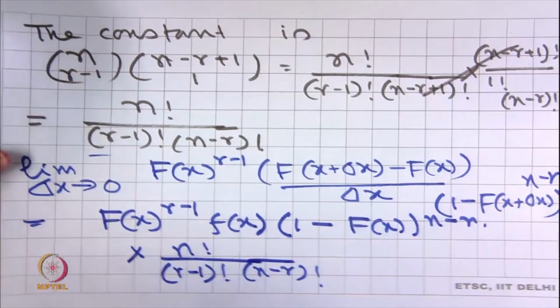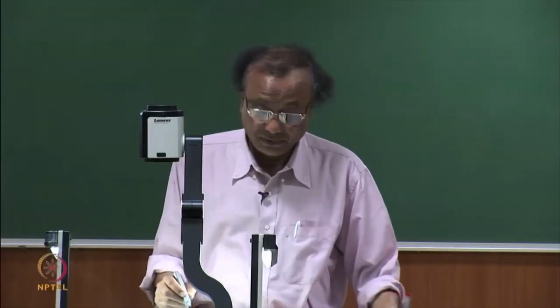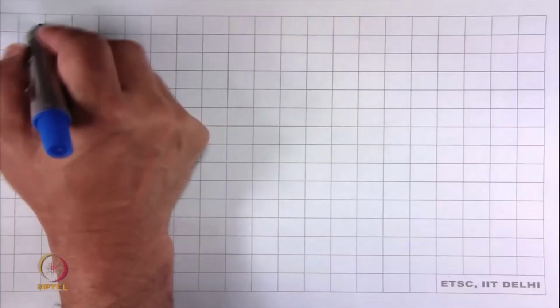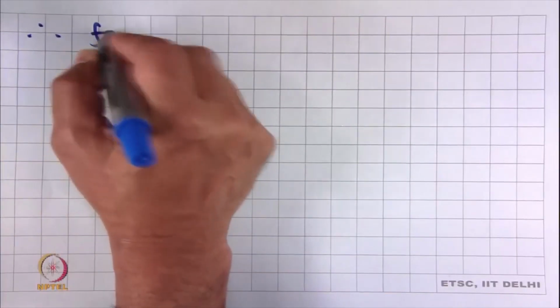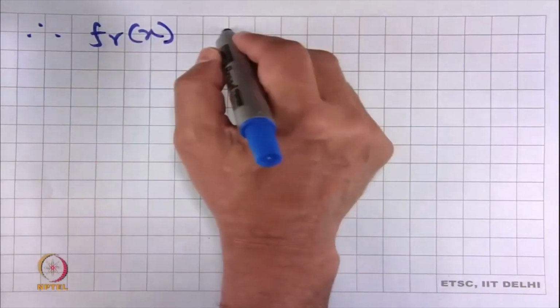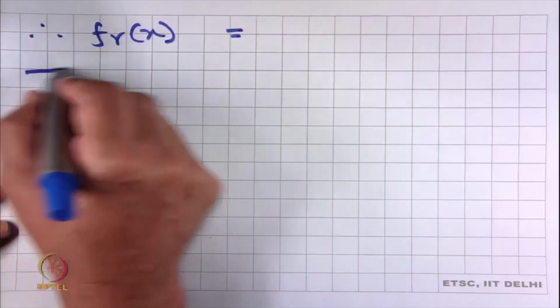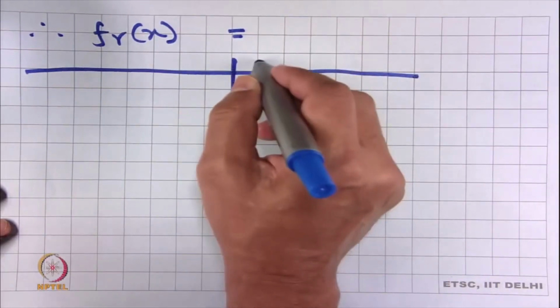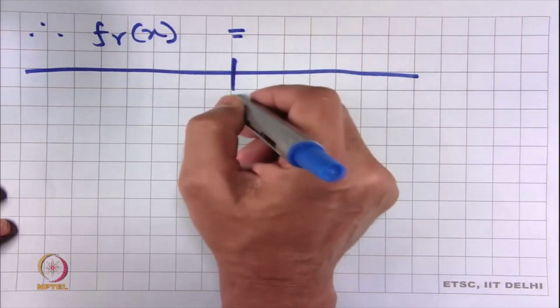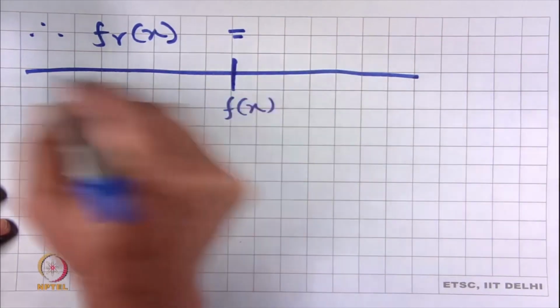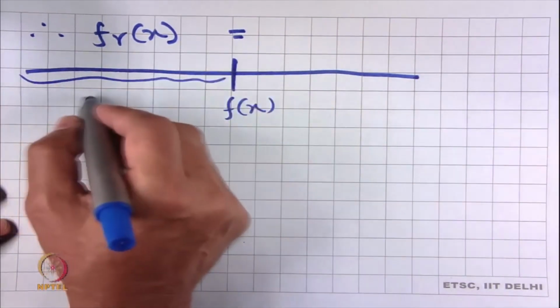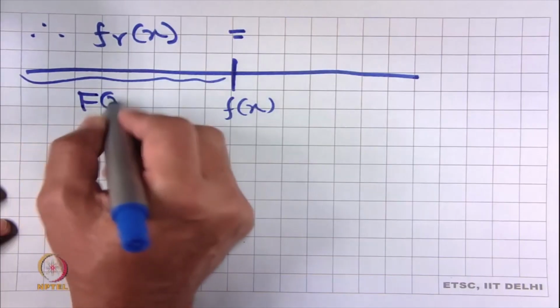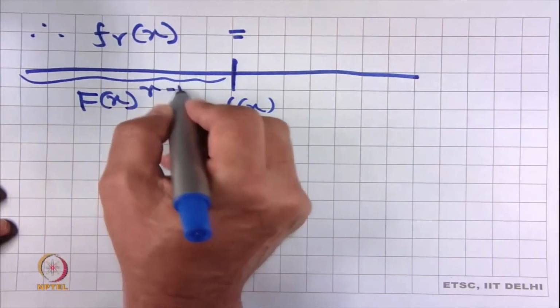Therefore, how do you remember this? It is very simple. f_r(x) is equal to, if this is x, we are putting 1 here with f(x). In this part there are r minus 1, that is giving me F(x) to the power r minus 1.